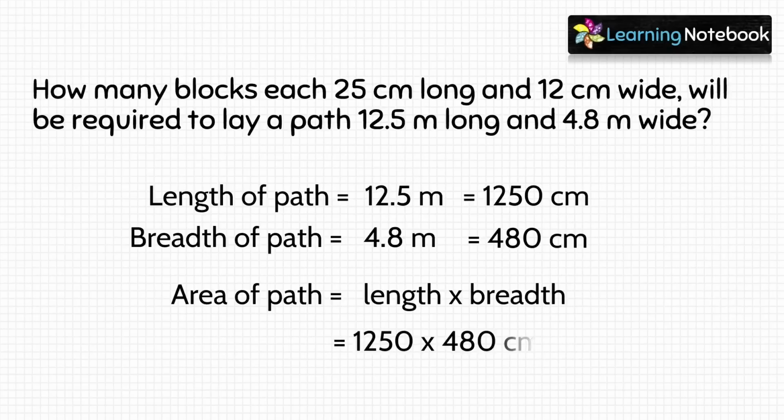So let's put the values here and we get area of path equals 1250 multiplied by 480 square centimeters. But students, we are not going to solve this. Why? Because ultimately we have to divide it by area of each block.